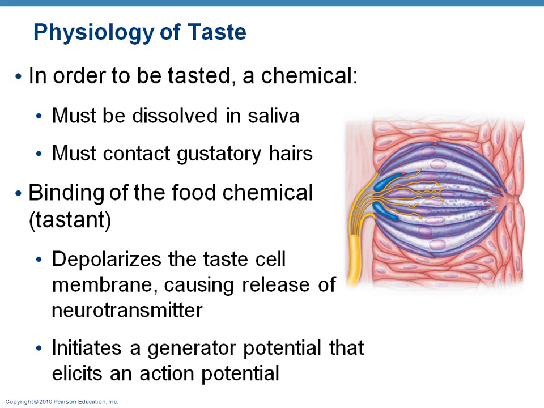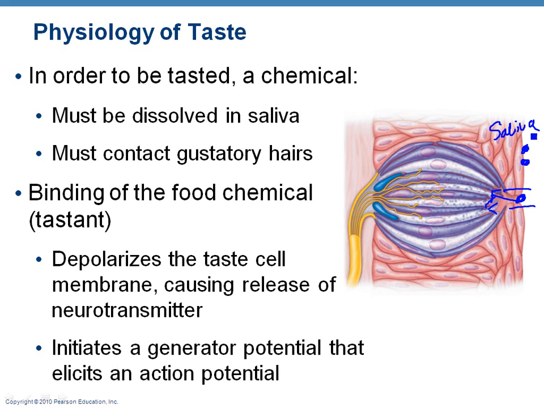In order to be tasted, the food chemical, first of all, has to be dissolved in saliva. So you're going to have a food chemical or molecule. It has to be dissolved in saliva, and it has to enter the taste pore, and it has to make contact with those gustatory hairs of the gustatory cell.